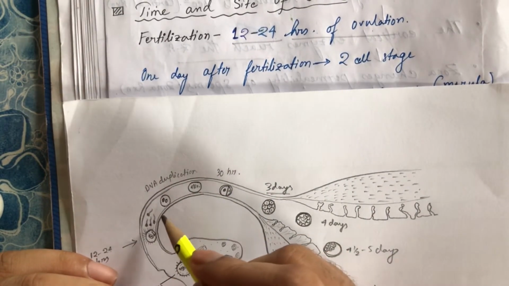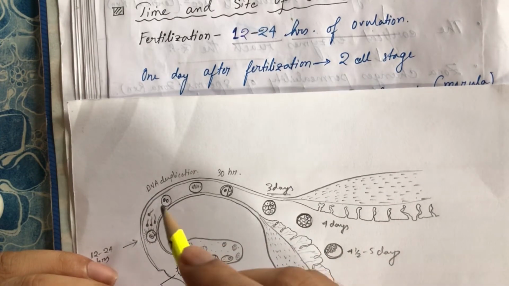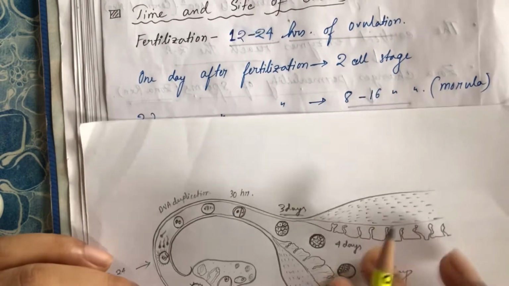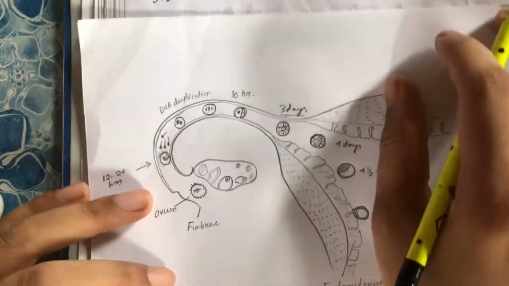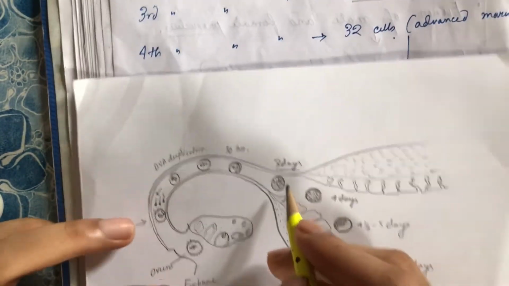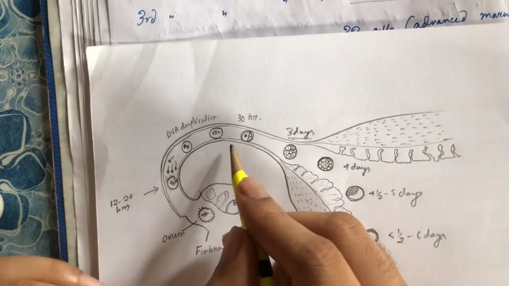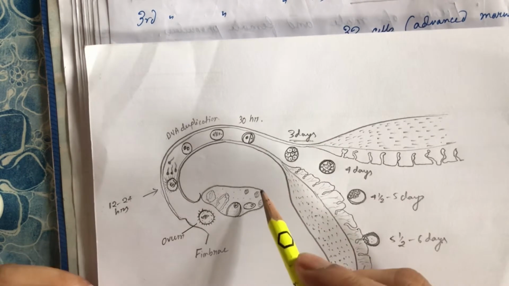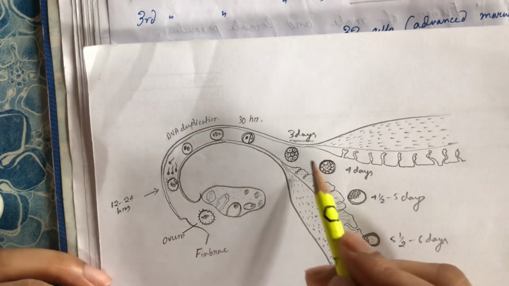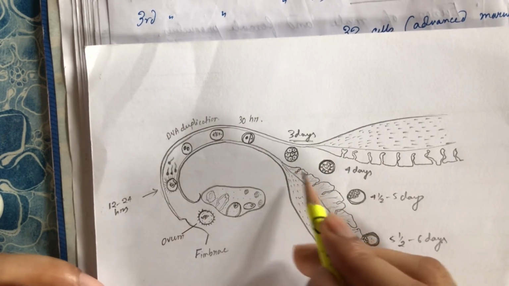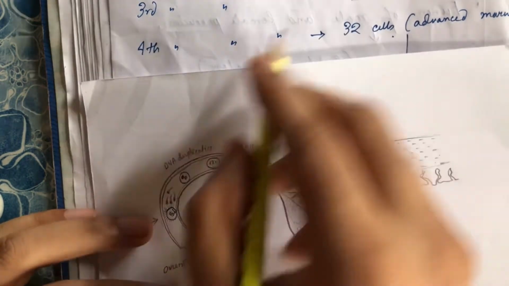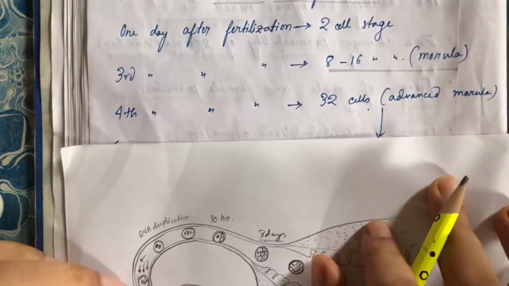fertilization, the 2 cell stage will form. Here several cell divisions, DNA replications and other things will occur. After 3 days, at the third day, this 2 cell zygote will undergo several cell divisions and form the 8 to 16 cell stage, which is called the morula.